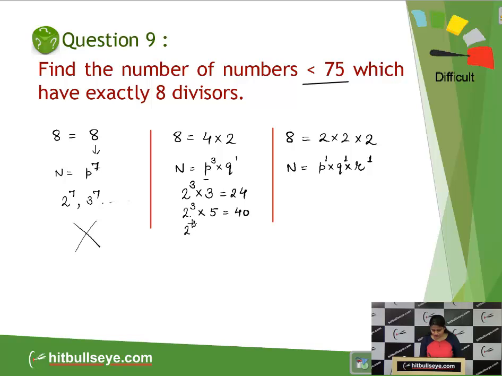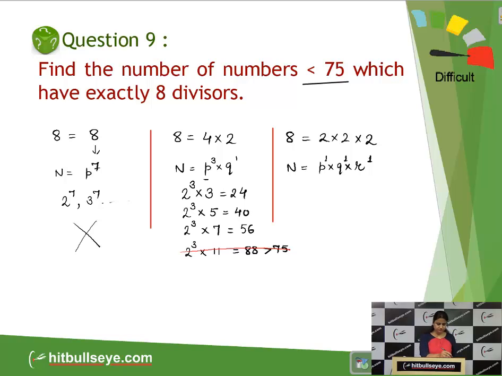We can take 2 cube into 7, yes of course. Again this is 56, less than 75. Can we take 2 cube into 11, another prime number? No, we cannot take it, because in that case it will be 88, which is more than 75. So we should stop here.